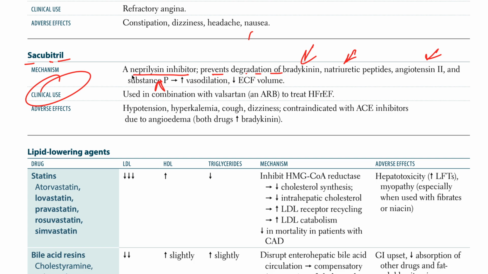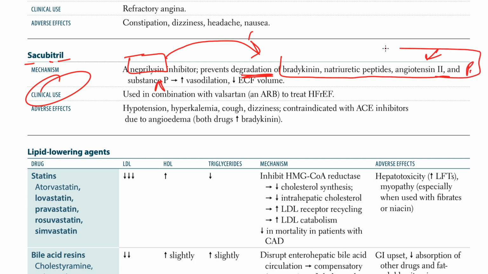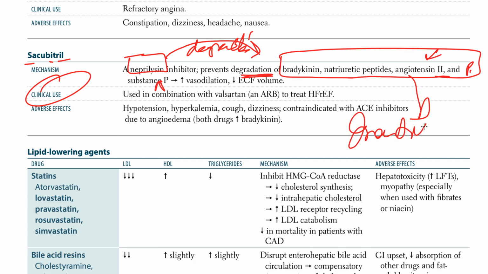The normal job of neprilysin is to degrade bradykinin, natriuretic peptide, angiotensin 2, and substance P. That's the normal job. So neprilysin degrades all of these things to inactive substances.